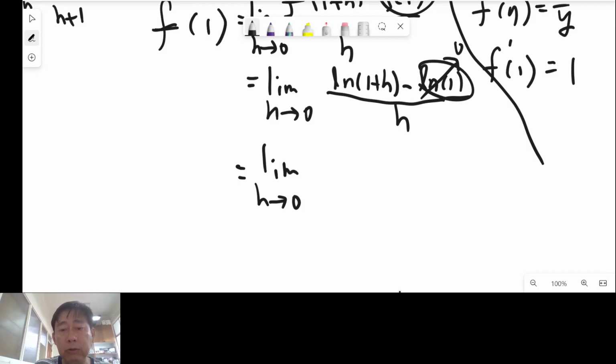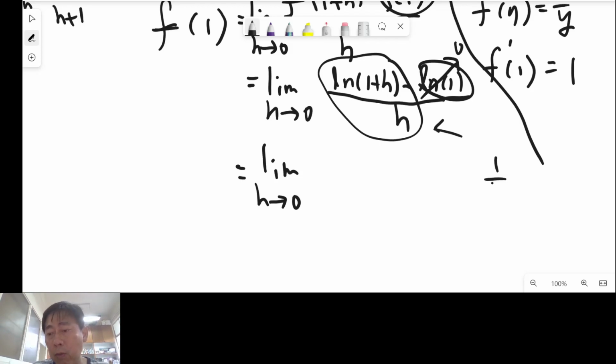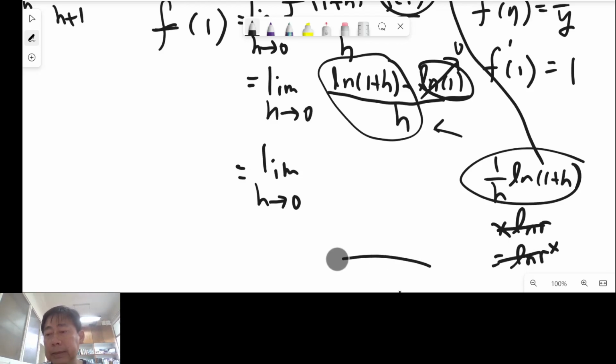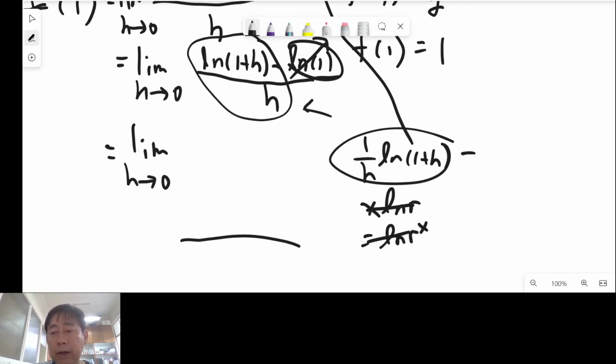So what happened is you have these expressions. What is this expression? This expression is actually 1 over h times ln of 1 plus h. And since we know that a constant times the log of another function, say r, is the same as ln of r to the power of that constant, we can rewrite this expression as ln of 1 plus h raised to the power of 1 over h.